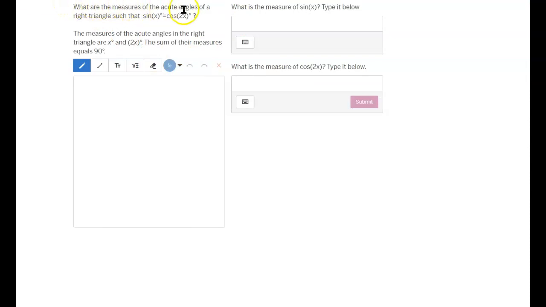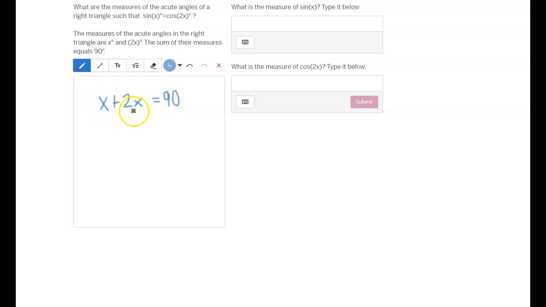What are the measurements of an acute angle of a right triangle such that sine x is equal to cosine 2x? The measurement of the acute angles in the right triangle are x and 2x. The sum of their measures equals 90. All right, so notice I have x plus 2x is equal to 90 degrees.